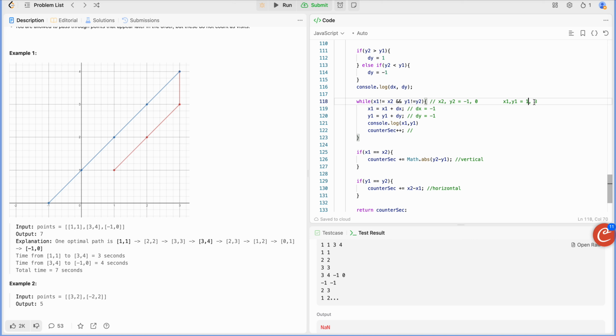It will be minus 1, 0 after some point. 1, 2, 0, 1, minus 1, 0, so both will be equal.